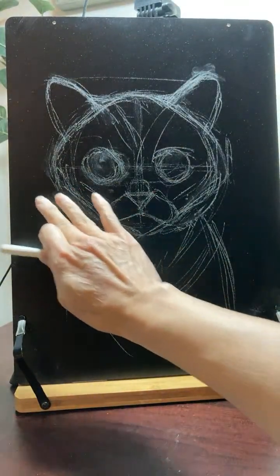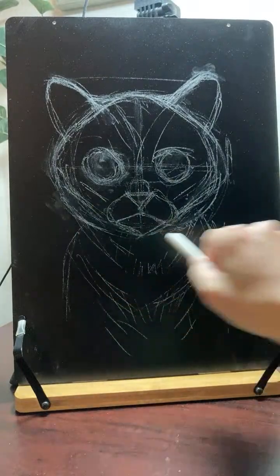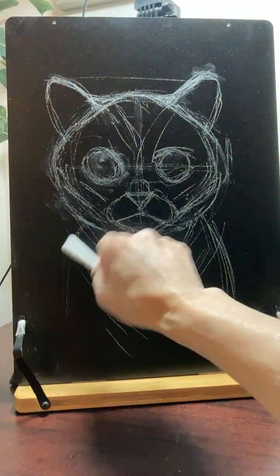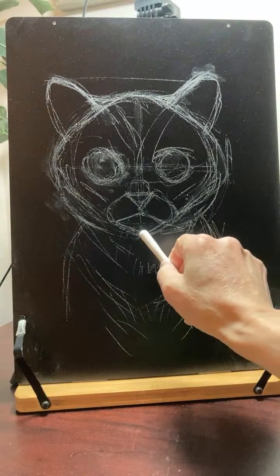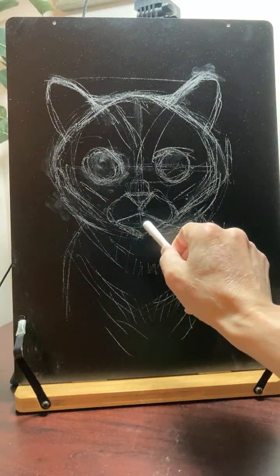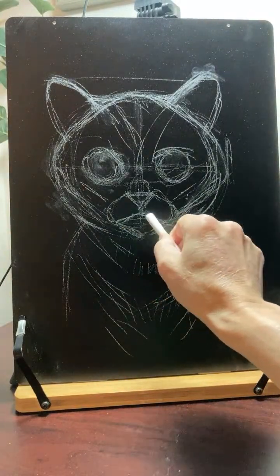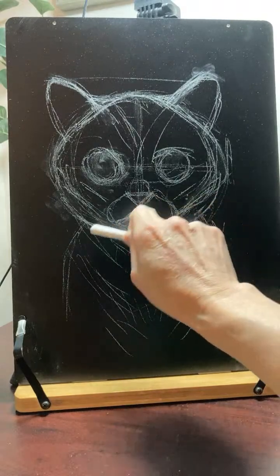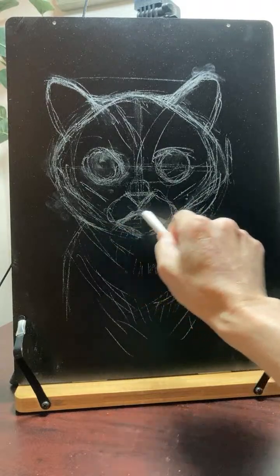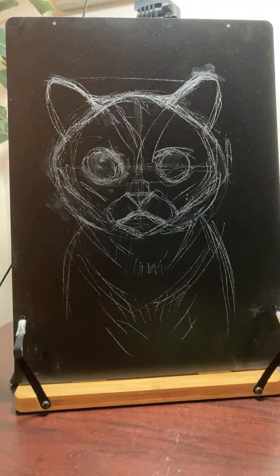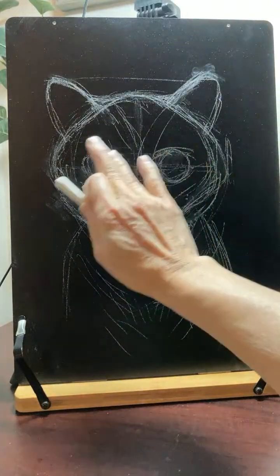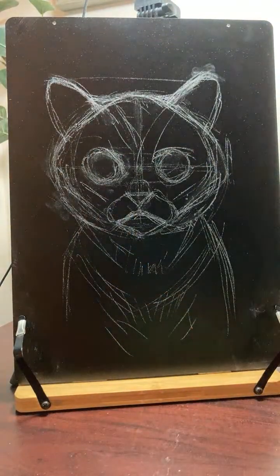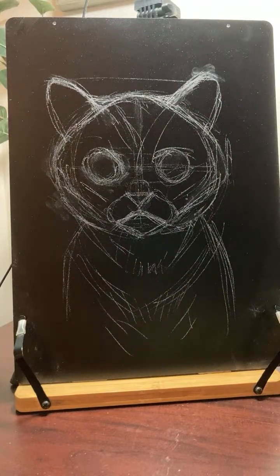So this is not too clear here, and then here, this is her chin. All right. So now we got the basic shapes. The structure of a face now.